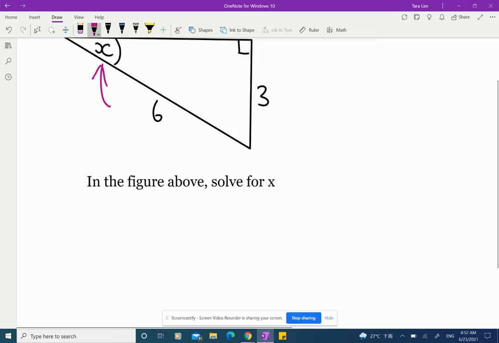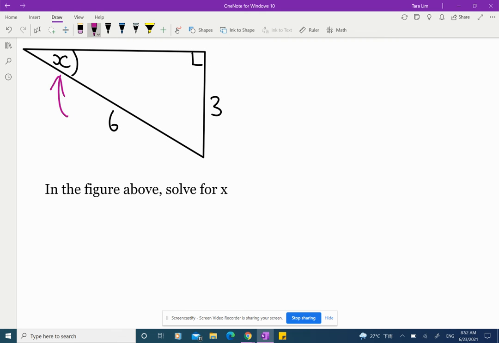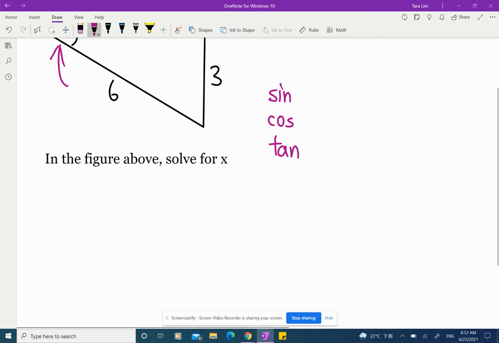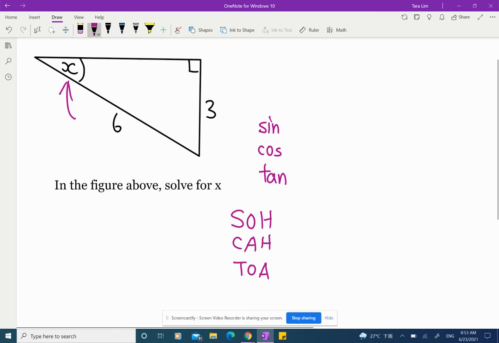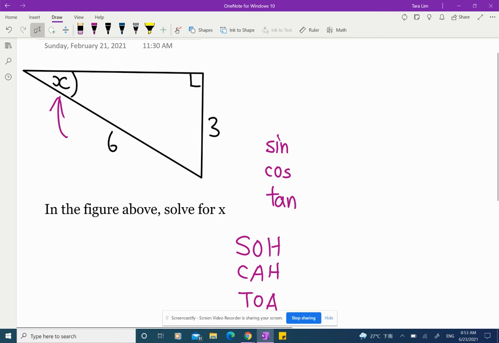So, first of all, we must identify which method we are using. Are we using the sine, or the cos, or the tan? To do that, let's use SOHCAHTOA. We have a hypotenuse, and we know this is the hypotenuse because it is exactly opposite from the right angle.